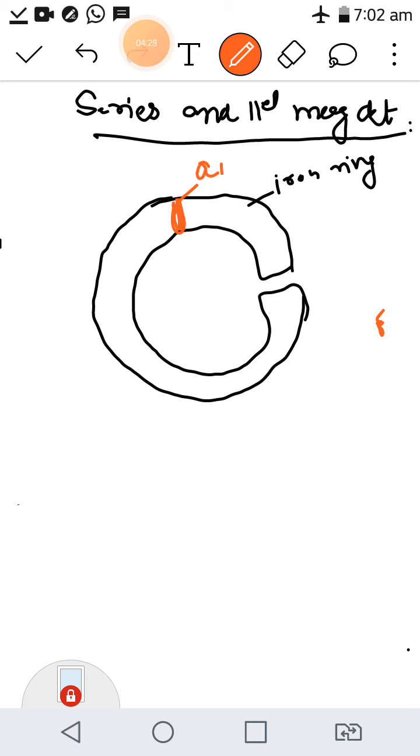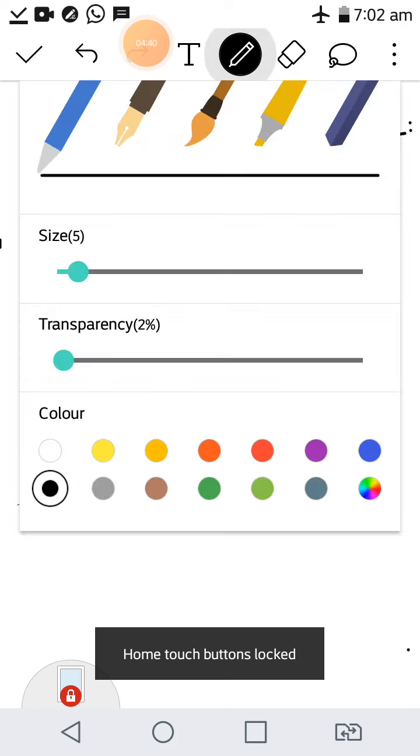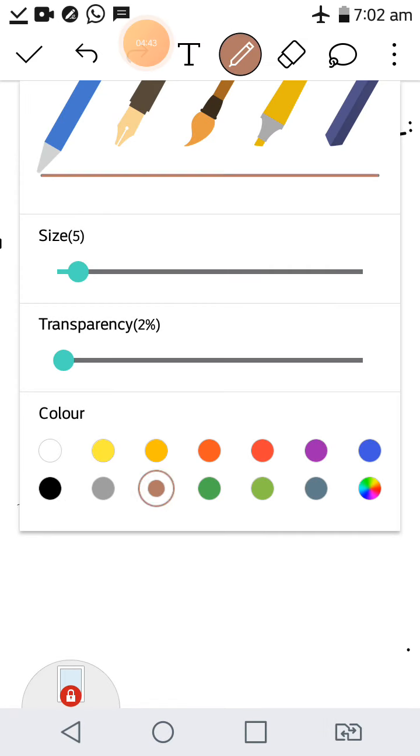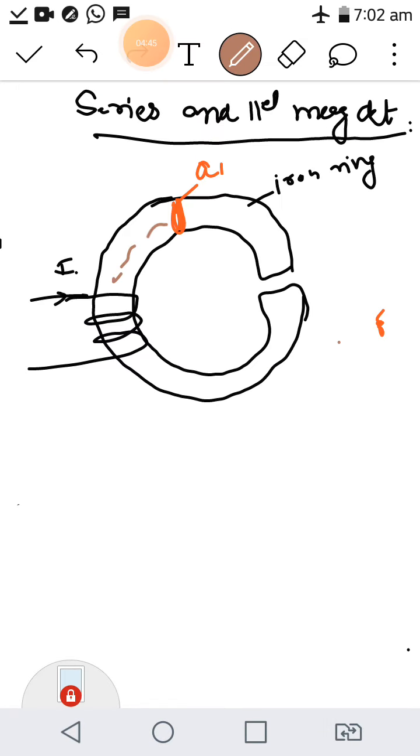This is a piece of iron ring, and when you excite it with current like this, flux will be set up here. So this is actually the flux. You can see that when the flux comes here, there is a small gap in this iron ring. This is called the air gap.